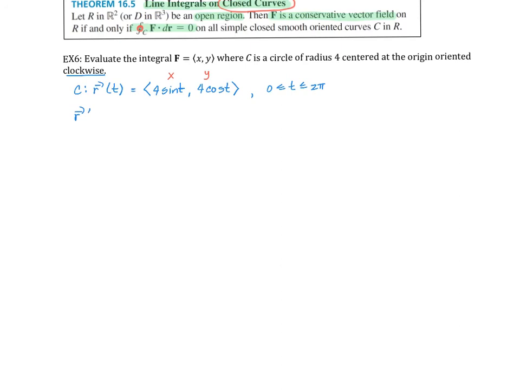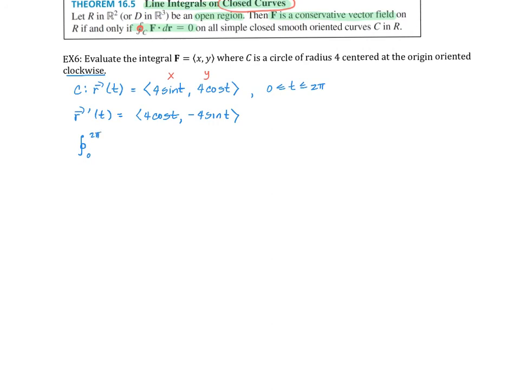So the derivative is equal to 4 cosine, negative 4 sine. And my integral over the closed curve from 0 to 2 pi.